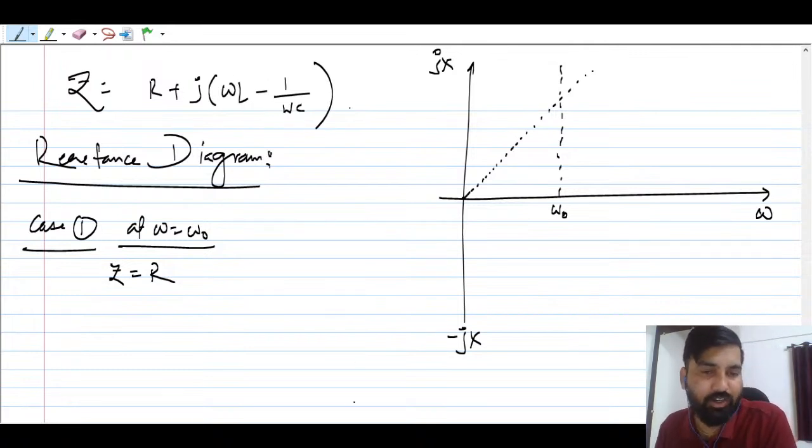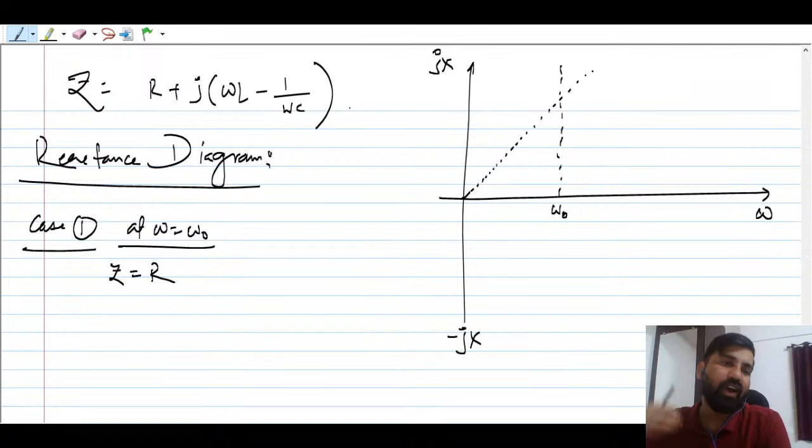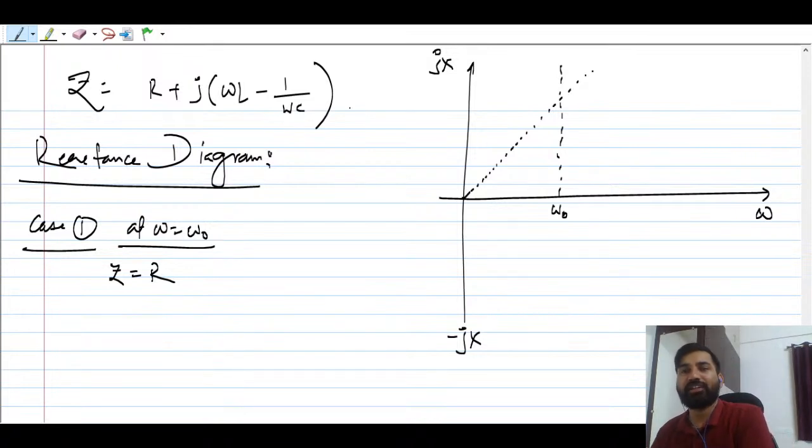You are measuring impedance at the resonant frequency, which means you have assumed that your circuit has undergone resonance. Suppose any circuit is given and its operating frequency is given, you need to find the resonant frequency first. If both match, the entire circuit becomes a resistive circuit.